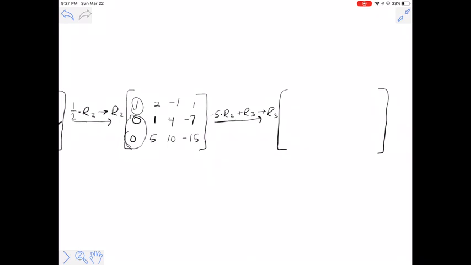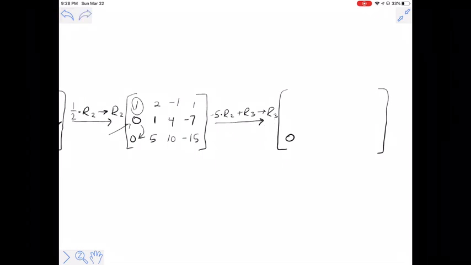And this row operation has to happen to the entire row starting at the beginning. So right here, negative 5 times 0 is 0, and then 0 plus 0 is 0, and I'm putting it in row 3 because it says to put it in row 3.